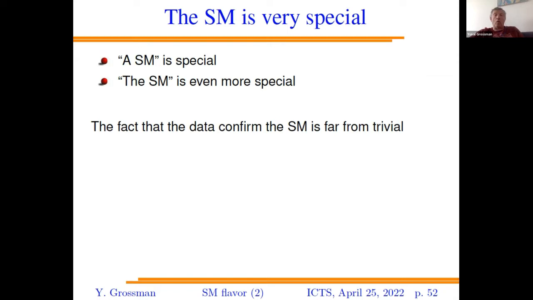Okay? So that's the takeaway from yesterday. The standard model is very special. It's far from generic. And the fact that the data confirm the standard model is far from a trivial statement. It's really an amazing achievement of mankind. And I'm not overestimating it. It's really an amazing achievement of humanity.